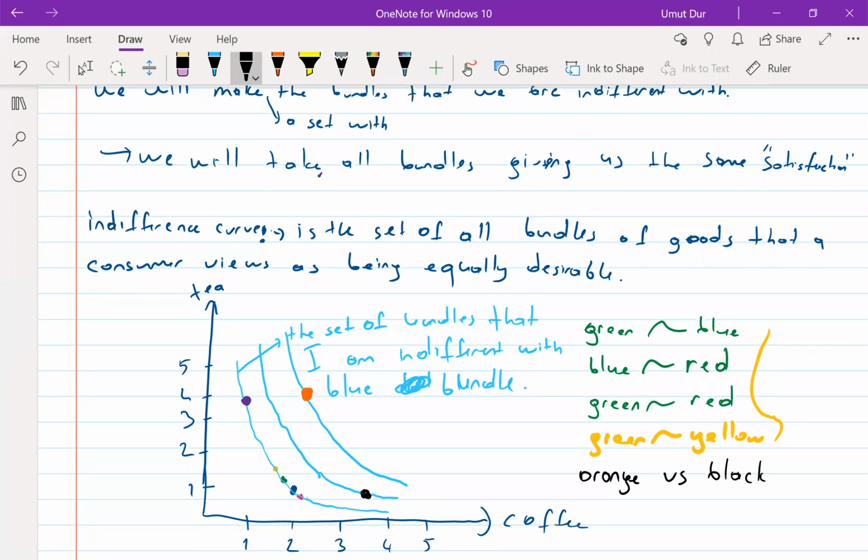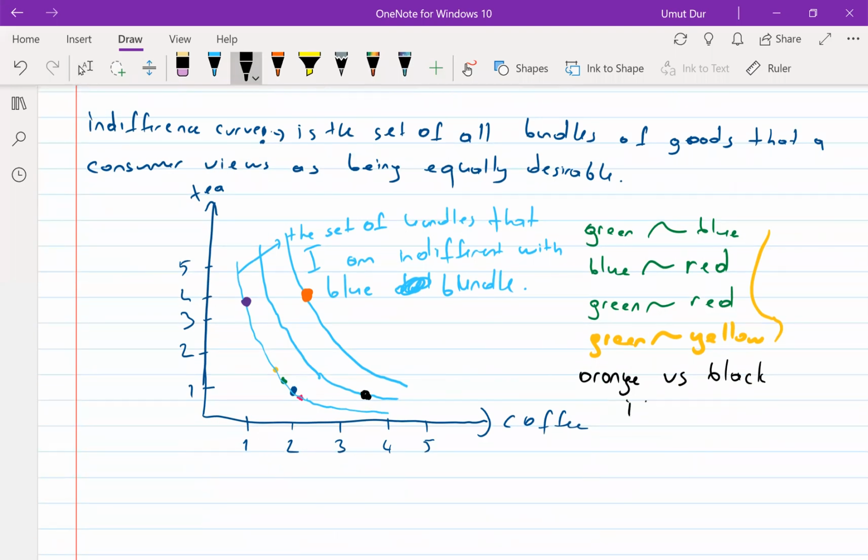The correct answer will be no. The reason is that if you were indifferent, they should be on the same indifference curve.